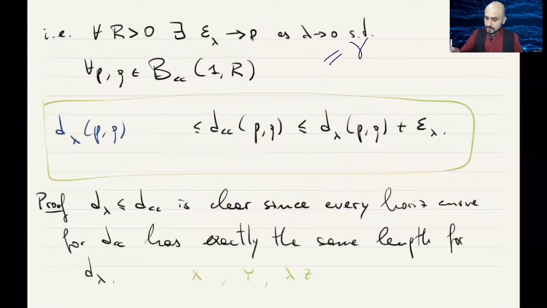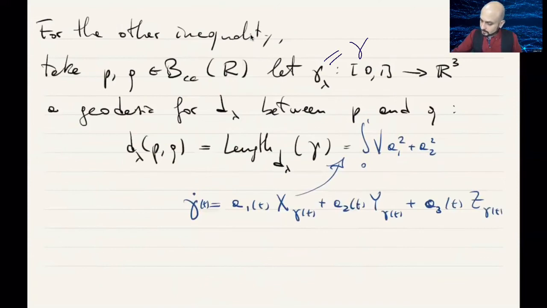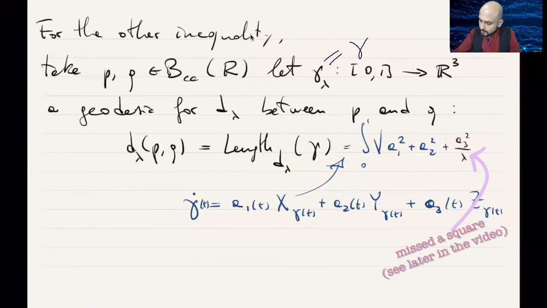Z has length 1 over lambda, so this is plus a3 squared over lambda, integrated. So this is the length of gamma.